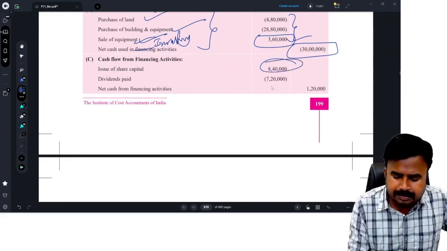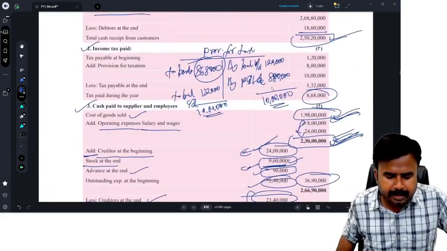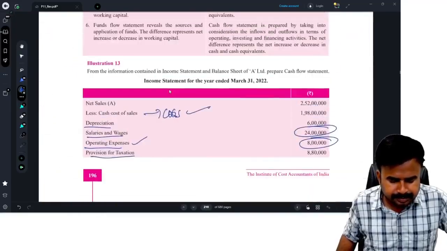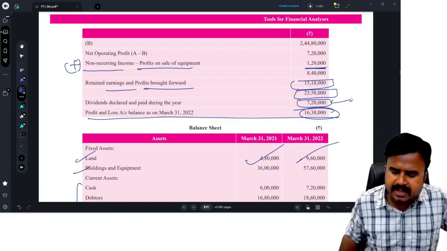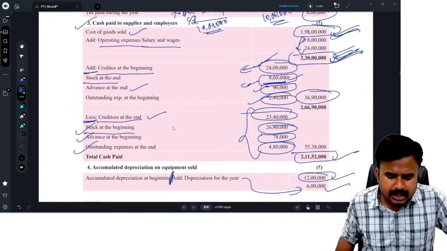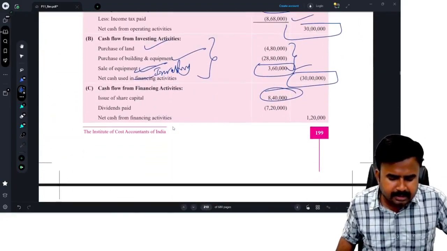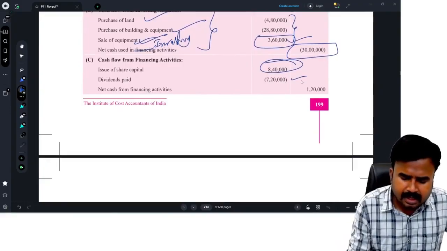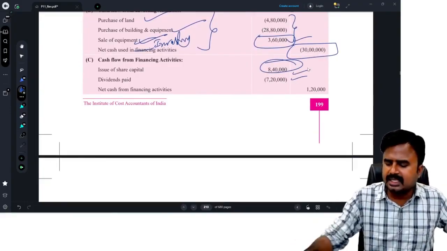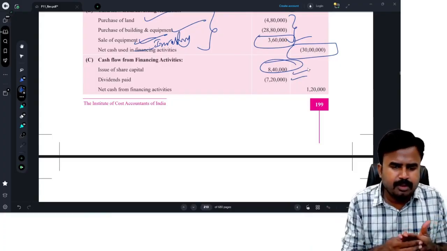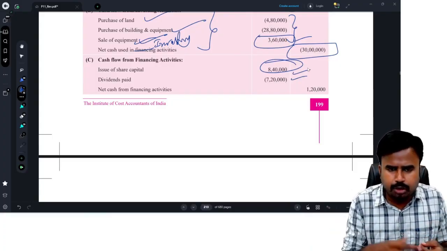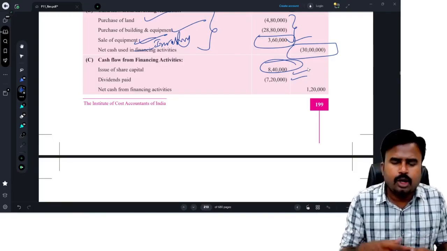I paid dividend. So how did you get the dividend payment? Just look at the profit and loss account. Dividend paid during the year 7,20,000. That's your payment, so deduct such dividend payment here. That's a financing activity. Apart from that, we don't have any other transaction like redemption of preference share capital, redemption of debentures, repayment of term loans, issue of preference share capital, issue of debentures, or long-term borrowings.